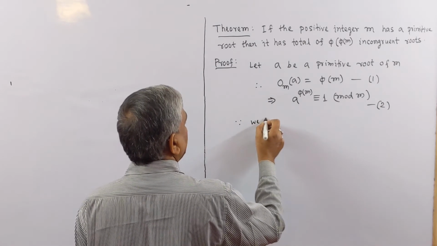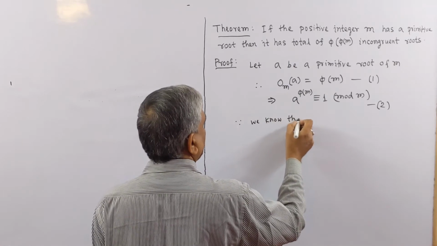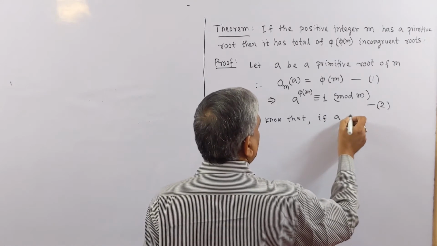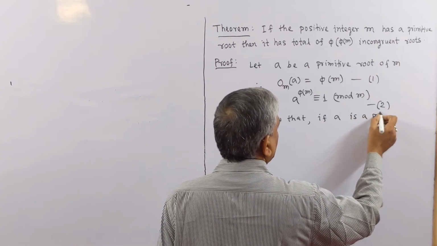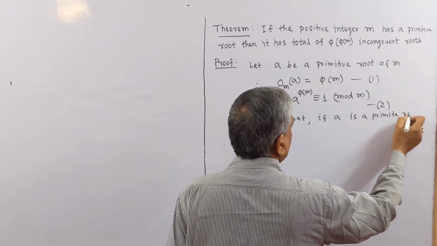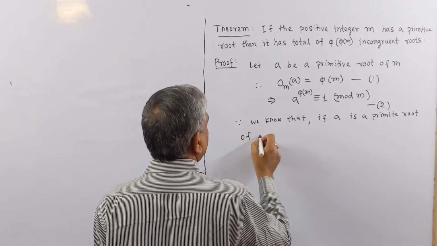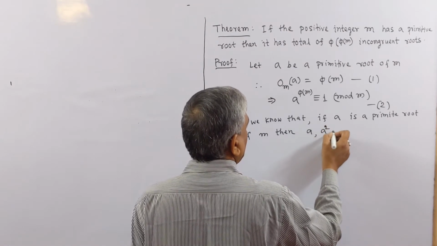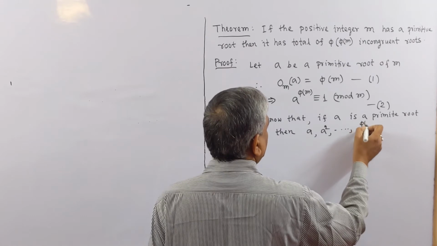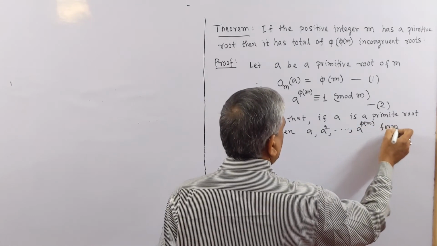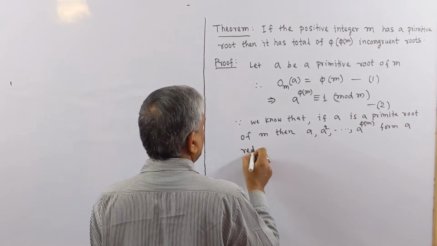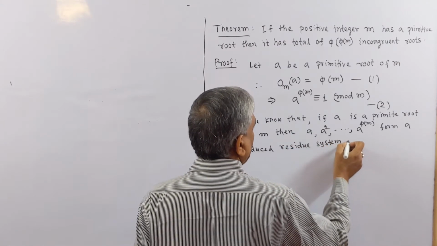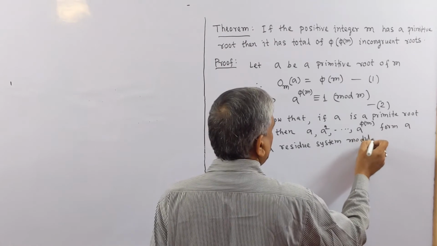Since we know that if a is a primitive root of m, then a square, ..., a to the power phi m form a reduced residue system modulo m.